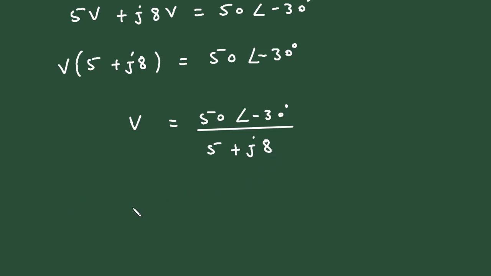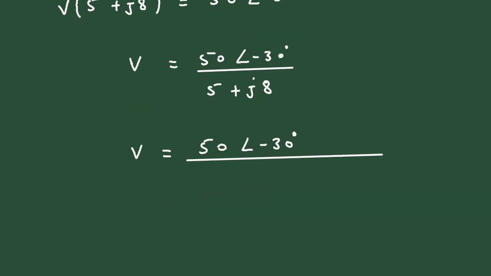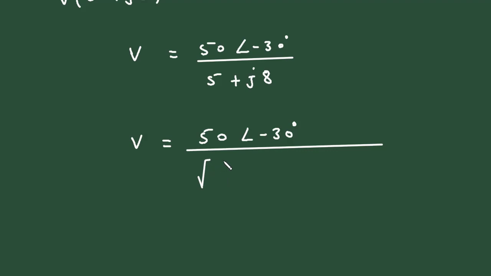So this will be v is equal to 50 at an angle minus 30 degree divided by, now this will be under root of 5 square plus 8 square at an angle tan inverse of 8 by 5.